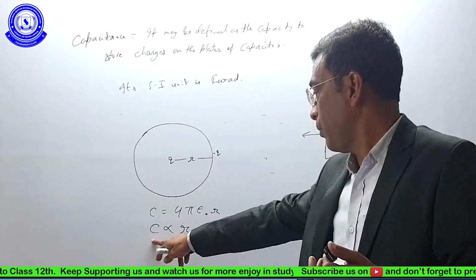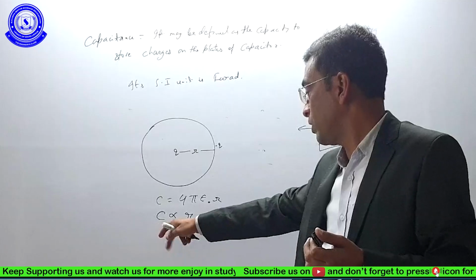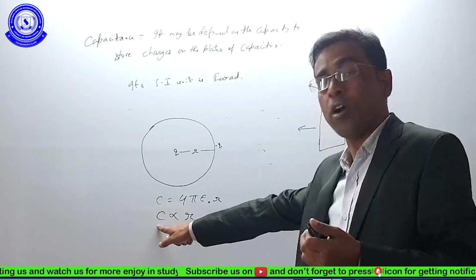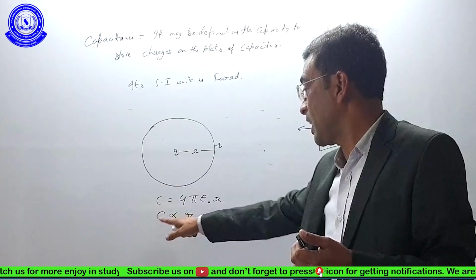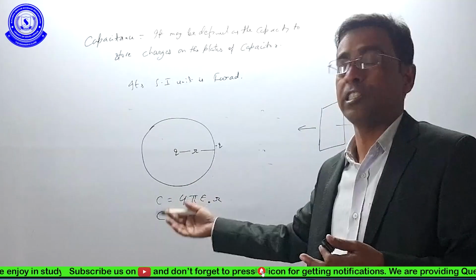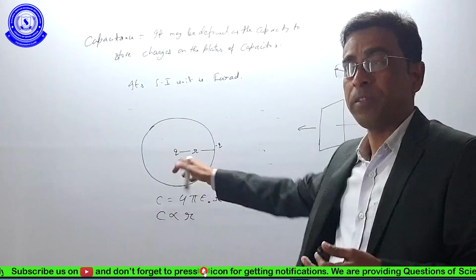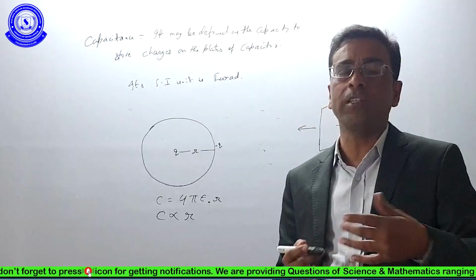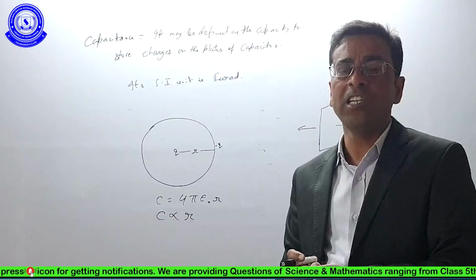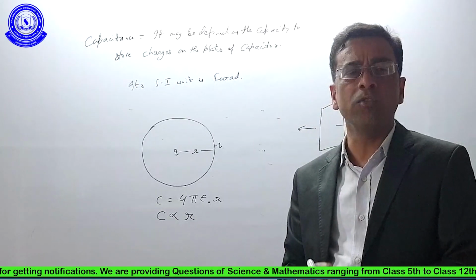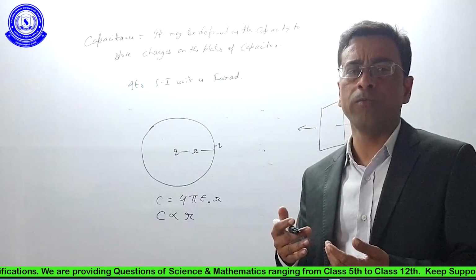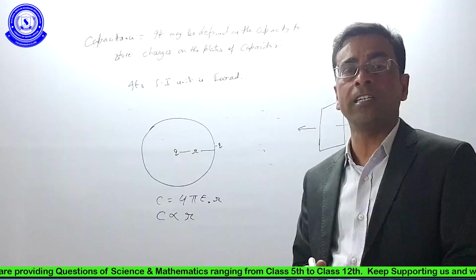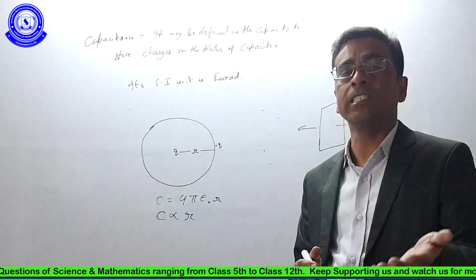Again, we are denoting the point: C is the capacitance of a spherical capacitor, and C is directly proportional to the radius of this capacitor. This type of capacitor is not very useful because its capacitance is very low, and we have to increase the capacitance.